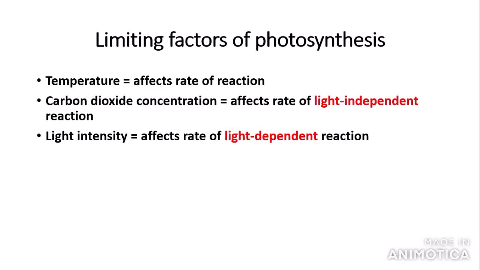And the other main limiting factor is light intensity, which affects the rate of the light-dependent reaction, as the light-dependent reaction relies on light to excite electrons to a higher energy level, and therefore their ability to be transported down the electron transport chain to produce ATP and NADPH.